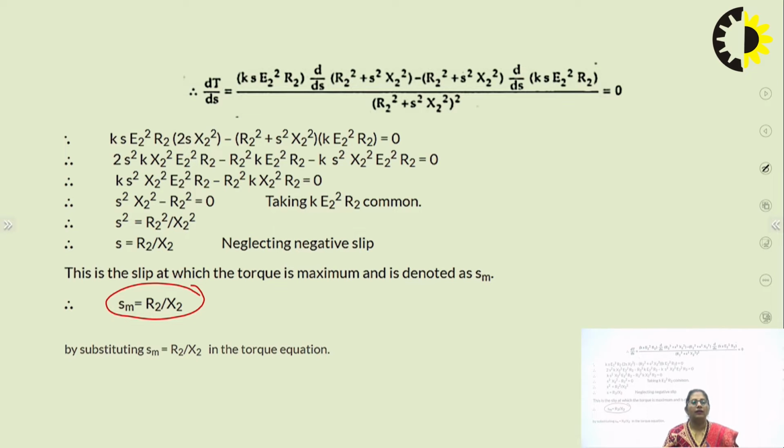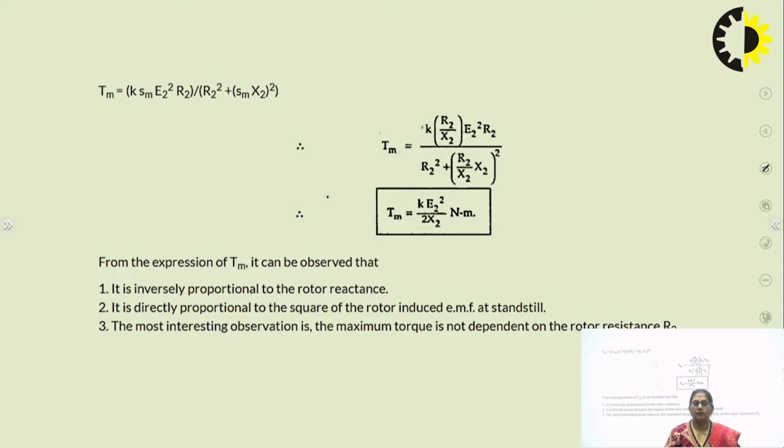Okay, fine. If that is so, we can also have the expression for the maximum torque, right? So what will be the maximum torque at that instant when this Sm is equal to R2 by X2? Just by substituting S as R2 by X2 in the original equation of the torque, we can have the expression for maximum torque.